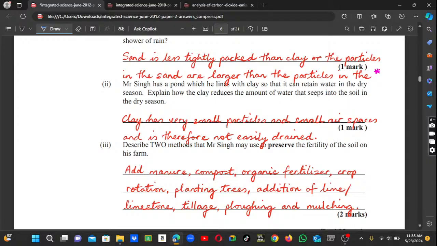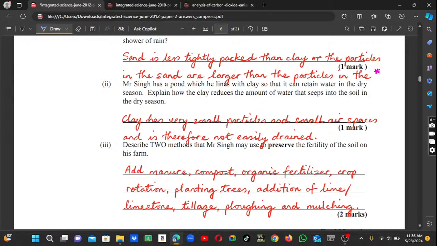For example, to conserve water, instead of using a large amount of water in our washing, we can use water in a different way. They may ask you how to preserve water. Integrated science is a large topic, so they may choose random questions, but it's just for you guys to understand.